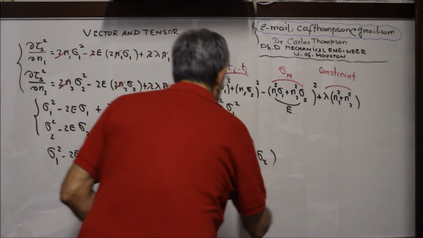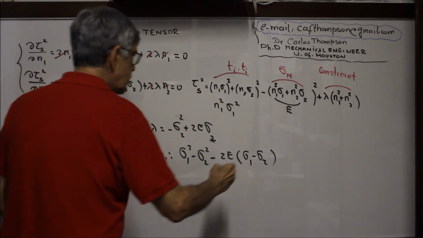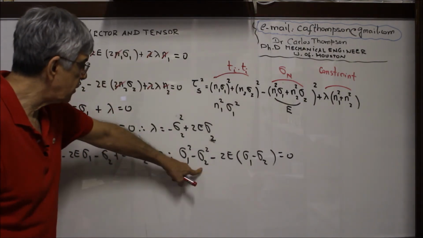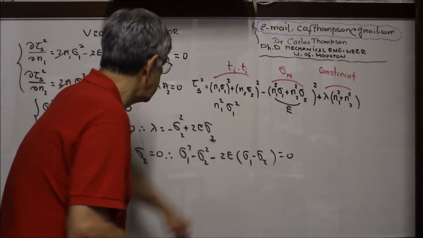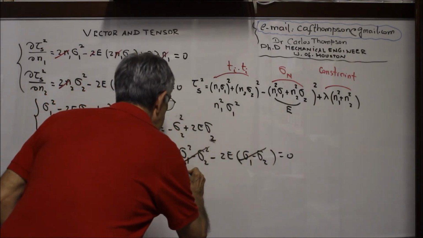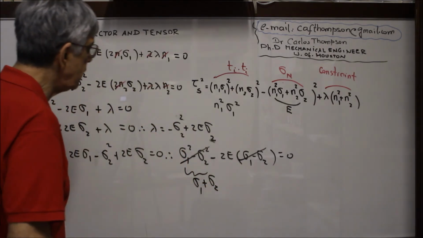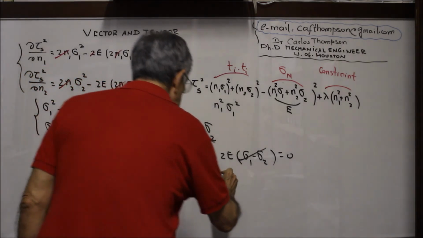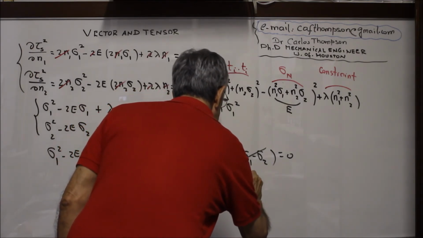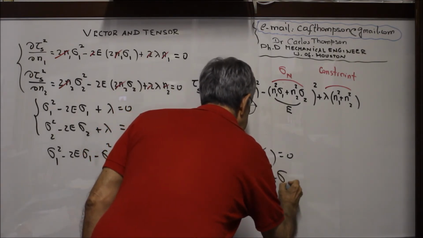I combine this term with this term. So this is sigma 1 plus sigma 2 multiplying sigma 1 minus sigma 2. If I simplify, I get sigma 1 plus sigma 2. Now, I can write that 2e is equal to sigma 1 plus sigma 2.